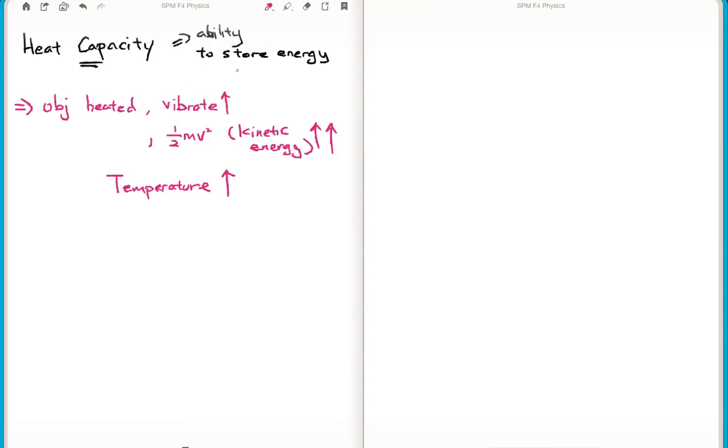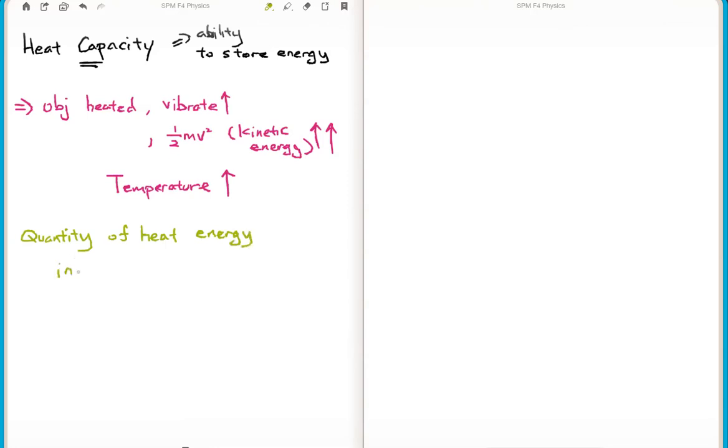Okay, so put into one short sentence, what does it mean by heat capacity? Heat capacity is the quantity. What does it mean by quantity? Quantity is the amount. It's the quantity of heat energy. Heat is a form of energy.